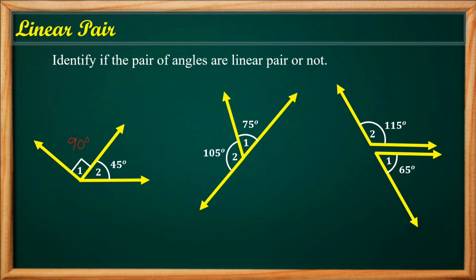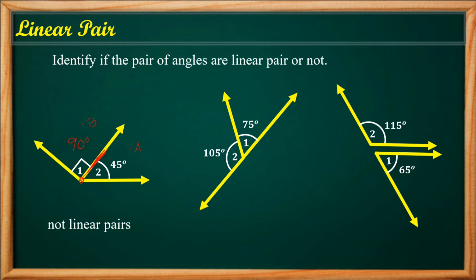Now, the question is, are they adjacent? Yes, they are adjacent. They have a common vertex and a common side. They don't have common interior points. Point A, then dito naman point B. Pero ang tanong, are they a linear pair? No. Okay, they are not a linear pair.